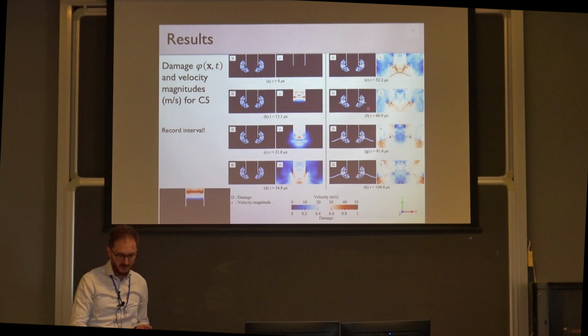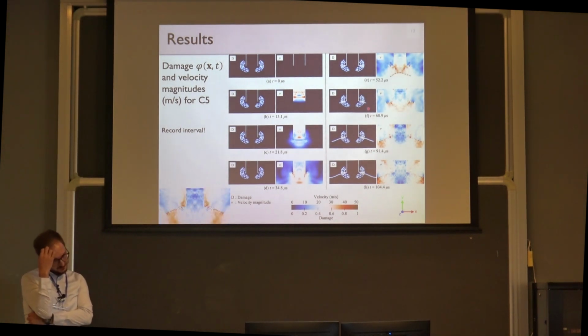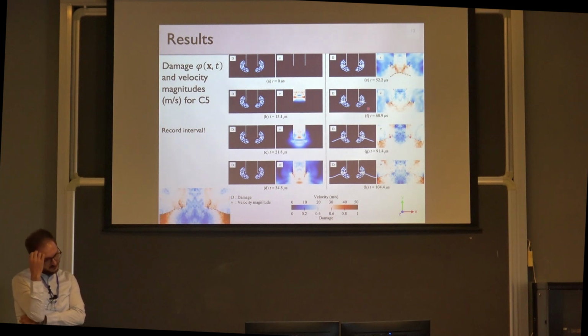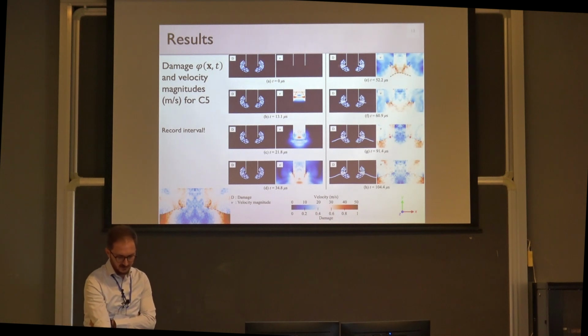This is the wave propagation in case 5 at various time steps of the simulation. These are the different times, and there is no applied force in the first time step, time 0.